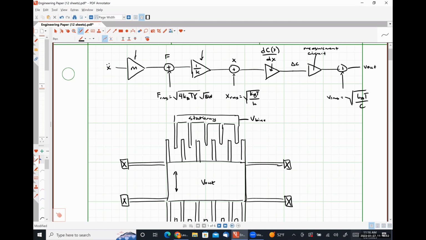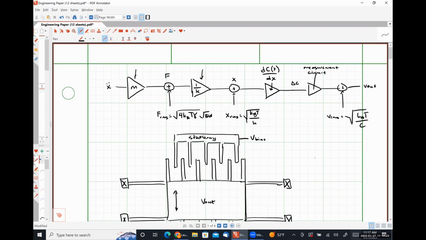By the way, I'm being nice and giving you something with a linear sensitivity so that you're just going to get a rate and not a function that depends on displacement. And then this part over here is just going to be the conversion of the output signal, or excuse me, the conversion of effectively that displacement, or the delta C, into the output voltage.